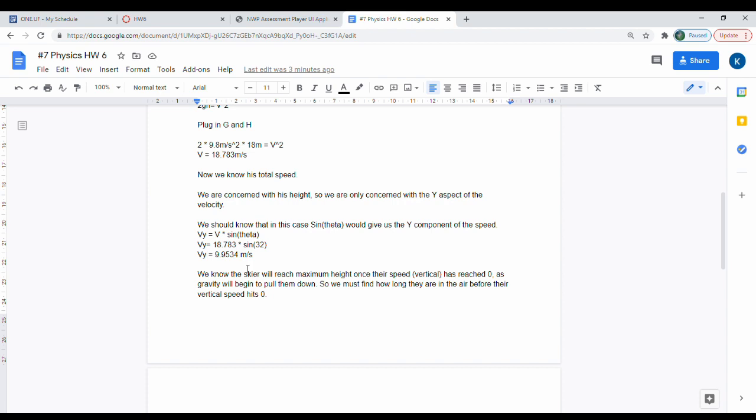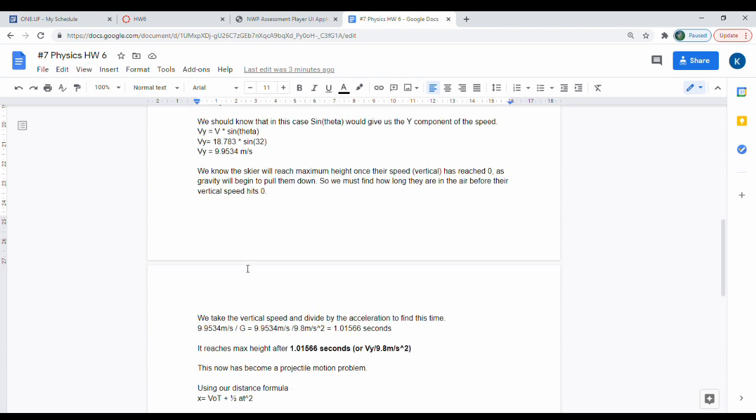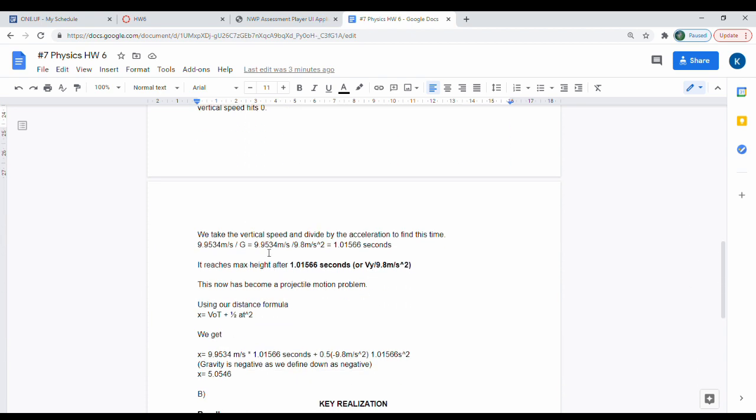This is basically just a projectile motion problem at this point. So we take the vertical speed, which you found before from your magnitude speed times sine theta. You divide it by g, 9.8 meters per second squared, and you will find the time. So now you know the time that it takes to reach the max point.